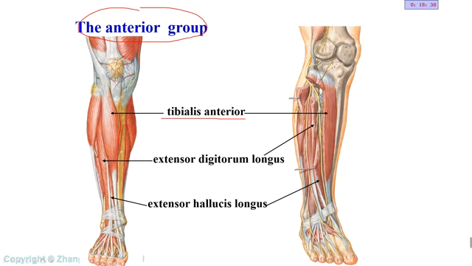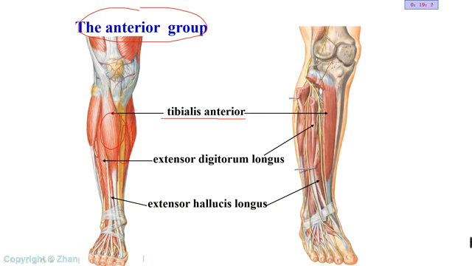On the medial surface of your tibia, there is no muscle covering it. When you touch the lateral side of the anterior border of the tibia, there is a very big, very strong muscle. This one is tibialis anterior.